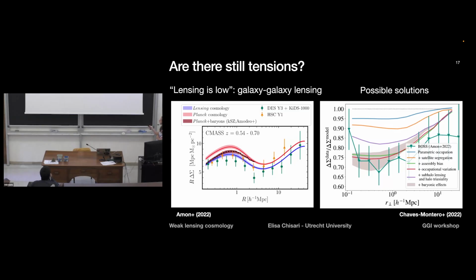This is from a really nice paper by Jonás Chaves-Montero, where he looks at building an HOD in IllustrisTNG, in TNG100, I think. He tries to understand what the different phenomena are that lead to a discrepancy between the assumptions of the regular HOD models that we use to analyze the data and what he sees in the hydro sims.